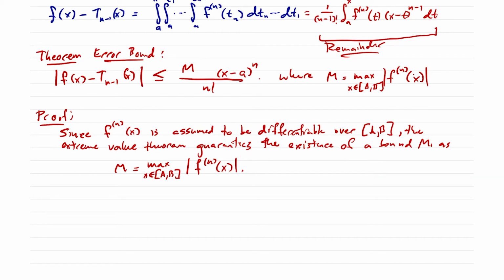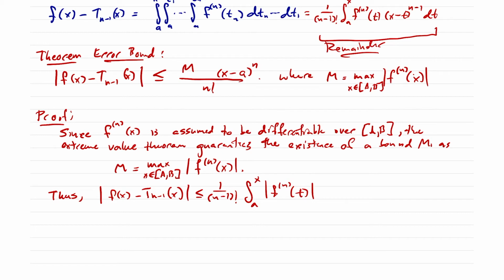Thus we have that the absolute value of f(x) minus T_{n-1}(x) is less than or equal to 1 over (n minus 1) factorial times the integral from a to x, moving the absolute values on the inside. It makes it larger, so we have this, and then (x minus t)^(n-1) dt.